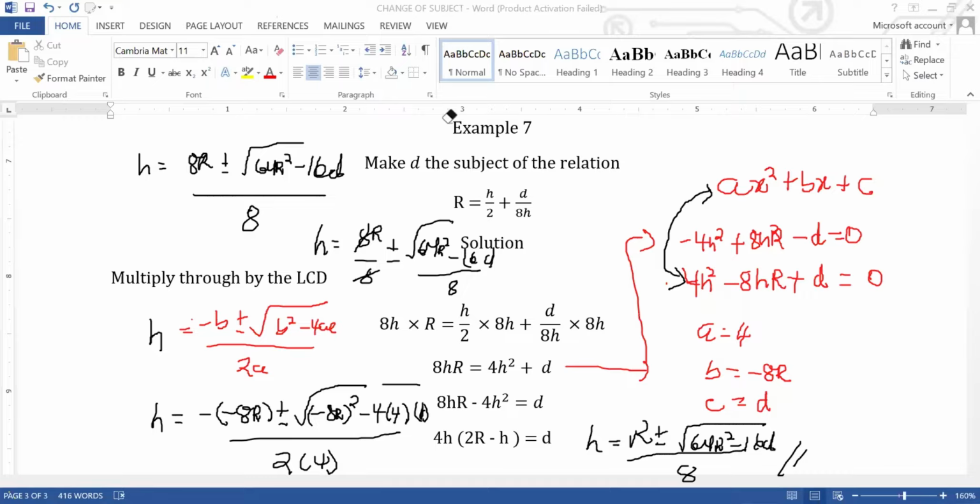Yaira Kelvin. Sir, I think after dividing 8R by 8, you won't give R the denominator of 8. Good guy.